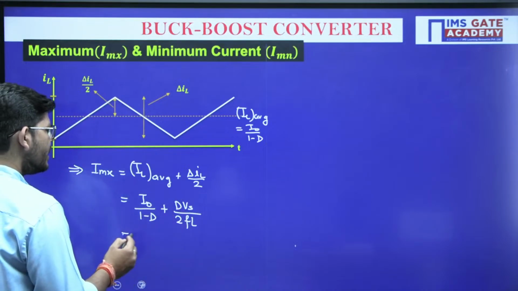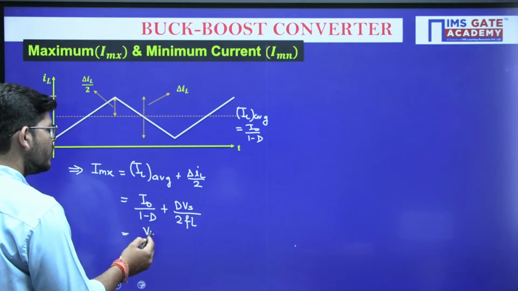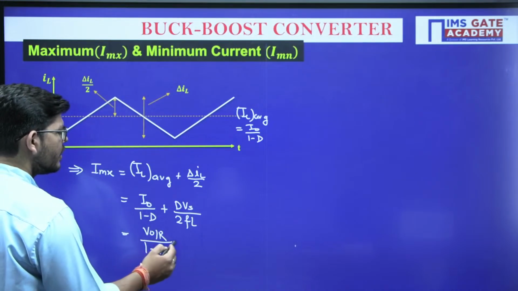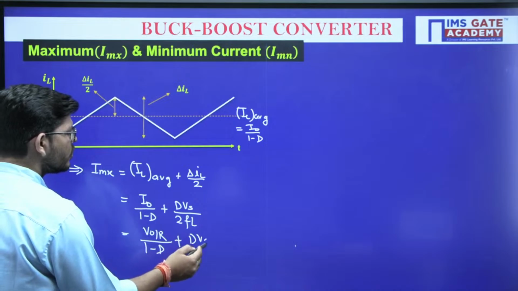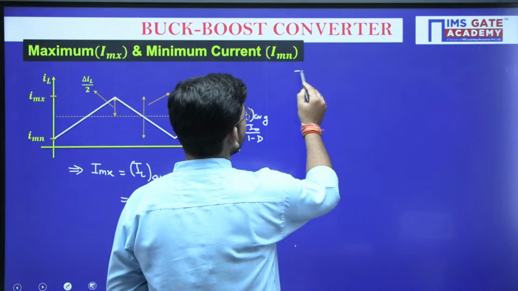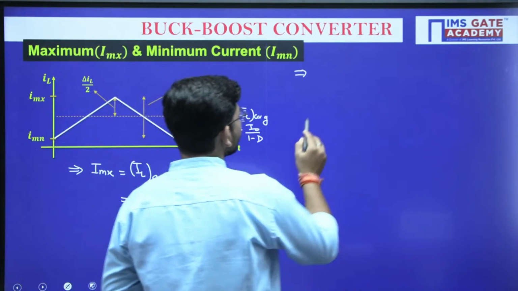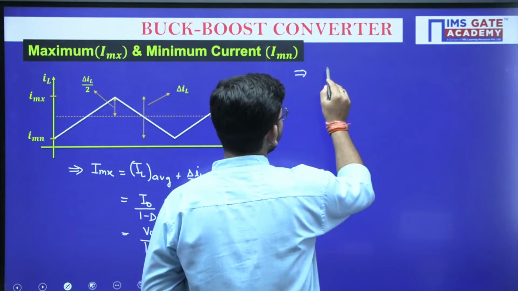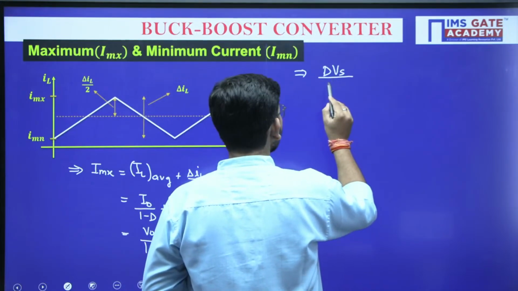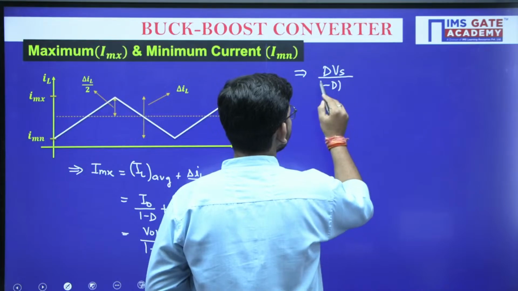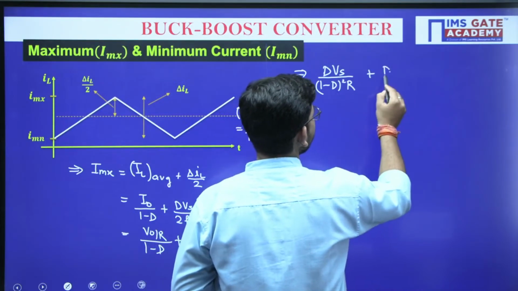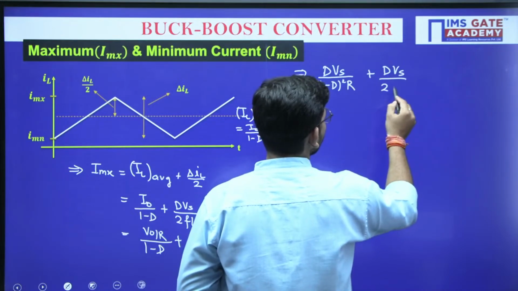Now how we can write this expression? This will be V naught by R. I naught is simply V naught by R, and this is D Vs over 2FL. Now we can further simplify it, and what we can do here, V naught can be written as D upon 1 minus D Vs. So this will be equal to D Vs upon 1 minus D square into R plus D Vs upon 2FL.